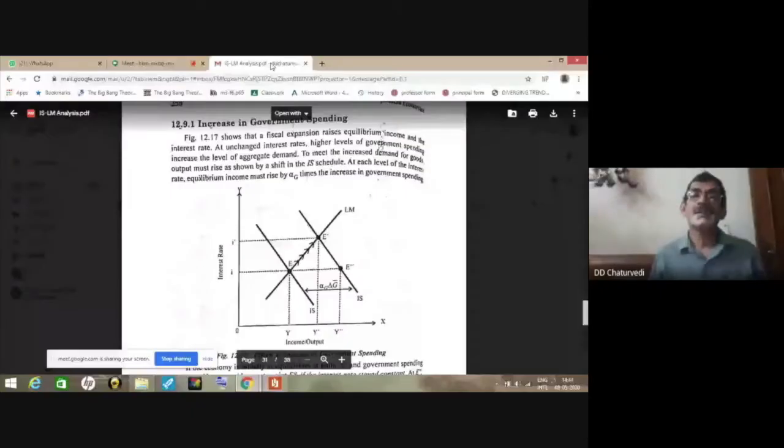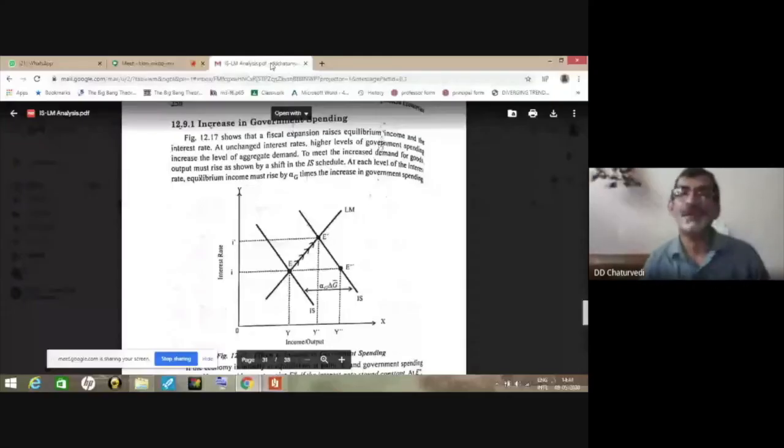The IS curve will shift by alpha G multiplied by delta G bar. I think we have started this in the previous chapter also. In the previous class, I told you delta y upon delta G is equal to alpha G, and so delta y is equal to alpha G into delta G bar.